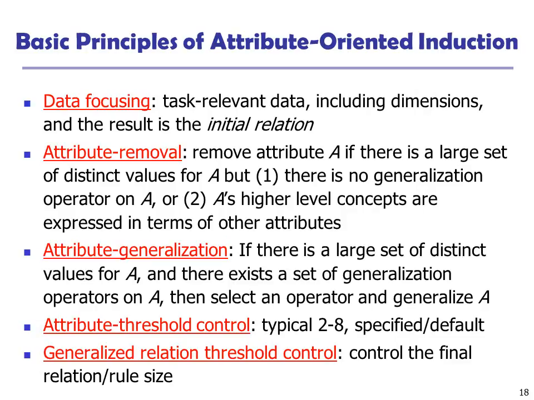That is, you have to make sure the generalization leads to a table in which any attribute does not contain more than 2 to 8 values. So the number of values that a given attribute can take should be between 2 to 8. Then we have the generalized relation threshold control, which controls the final table size.